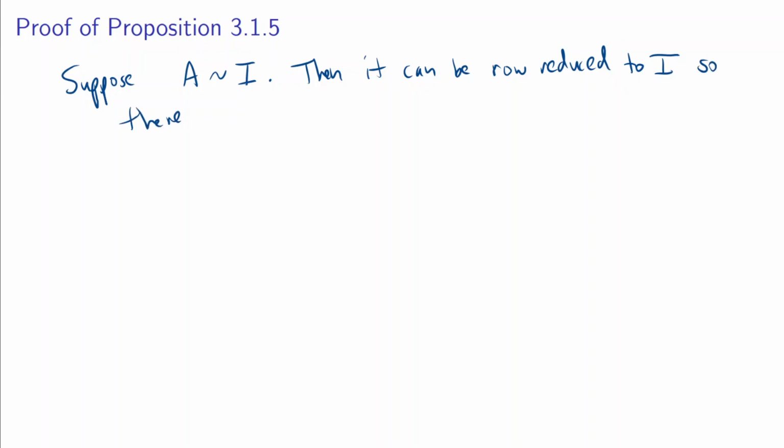So there must be a sequence of, so there is a set of elementary matrices, we'll say E1, E2, however many of these we need to reduce this to the identity.